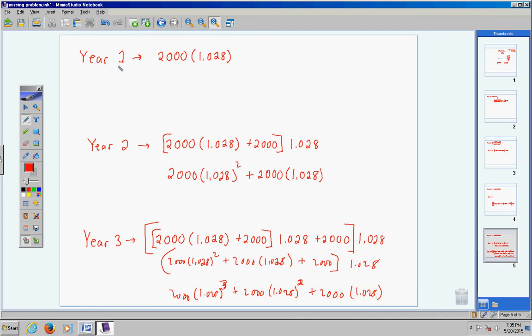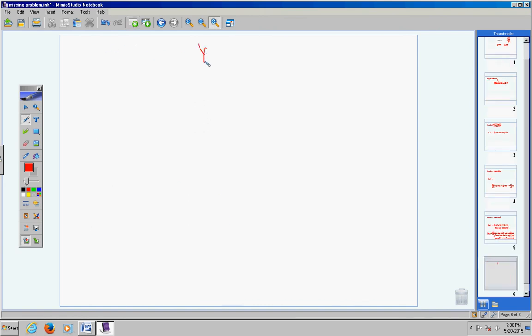So you're seeing the pattern. For year 1, I have a power of 1. For year 2, a power of 2 and a power of 1. So for year 3, a power of 3, a power of 2, and a power of 1. So with that, we can go ahead and surmise that for year 18, we're going to have 2,000 times 1.028 to the 18th power plus all the way down to 2,000 times 1.028 to the first power.